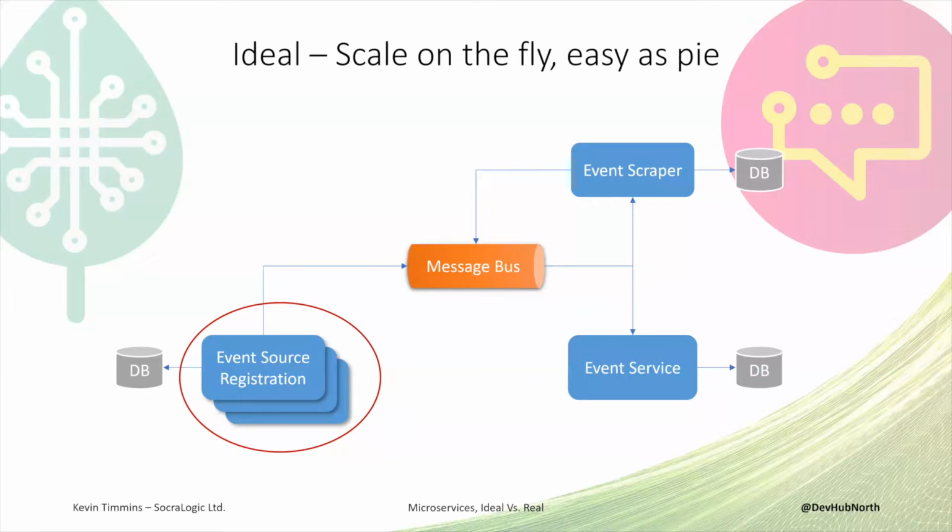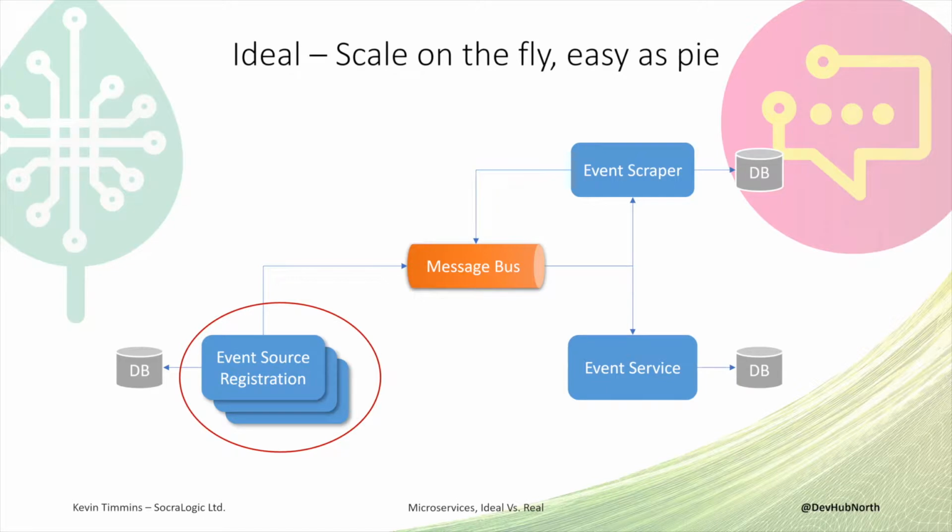I remember a while ago I was watching someone speak, and there was this presentation, and there was this box, and there were loads of little boxes inside it, and then another box got added, and then some of the other boxes got added as well, and there were lots of boxes suddenly appearing on the screen. What they were trying to say was, you can just scale on the fly, easy as pie.